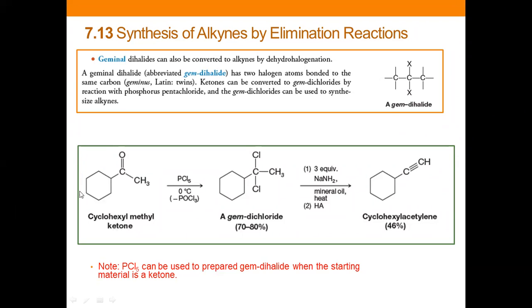Just for now, as a start, just know that the geminal dihalide can be prepared from a ketone with PCl5. So the C double bond O, or the O, will be eliminated, and you get your chlorines on this double bond carbon here. And you will use the same reagent to prepare our alkynes.